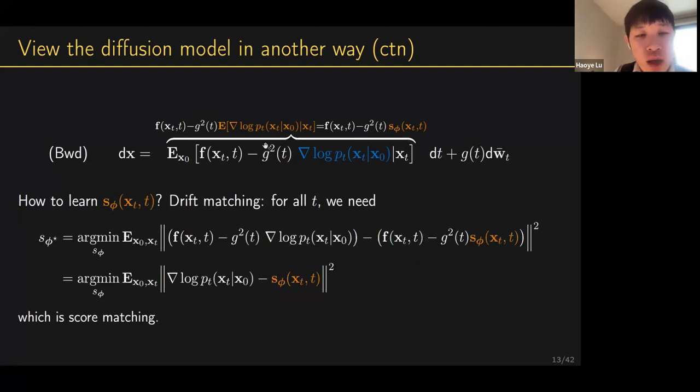As we mentioned before, we can always learn that marginalized drift using the so-called drift matching loss objective. In particular, in our case, I will write it down in this way. And if we simplify it, it reduces to score matching, right?